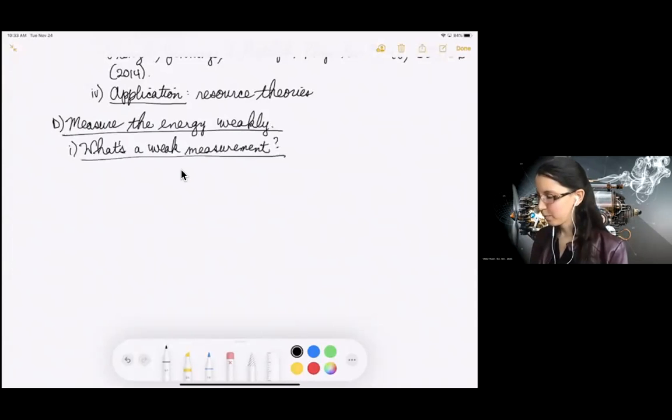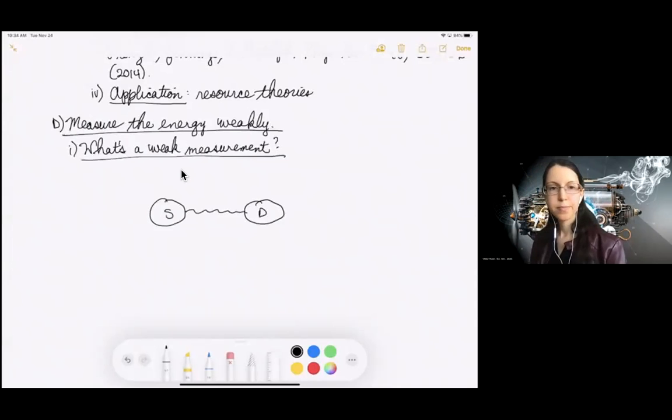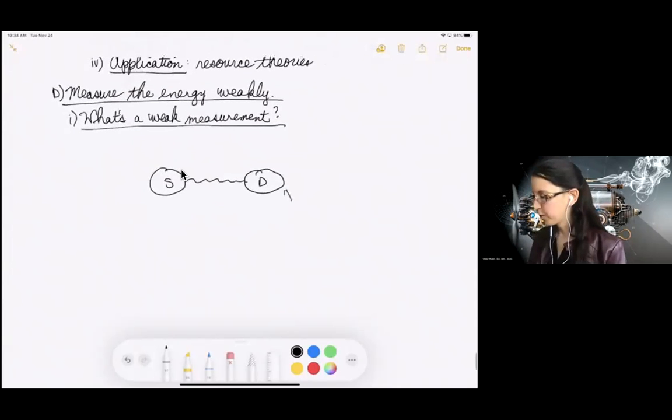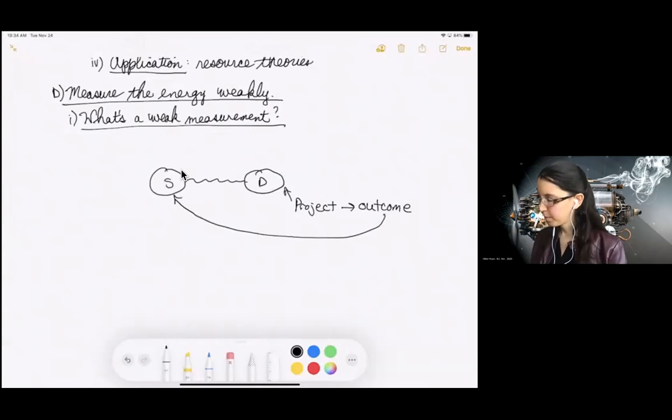We have some system of interest, we have some detector, and we correlate the two. Then we measure the detector projectively. We receive some classical information from the detector measurement. From the outcome and the correlation, we infer something about the system of interest.